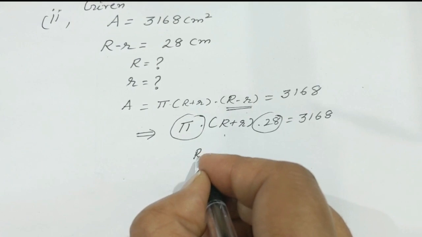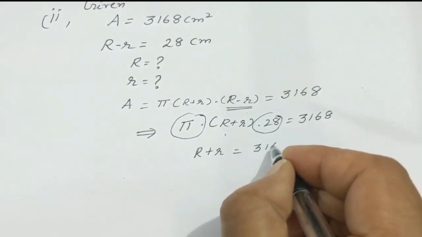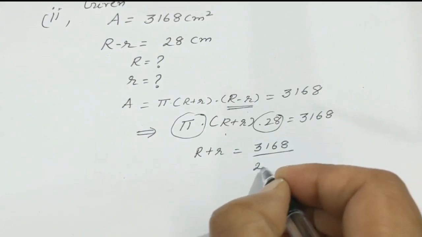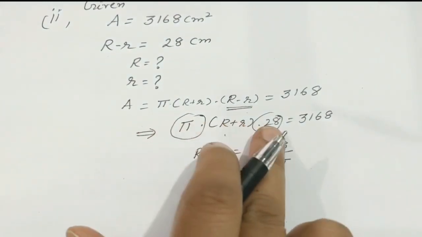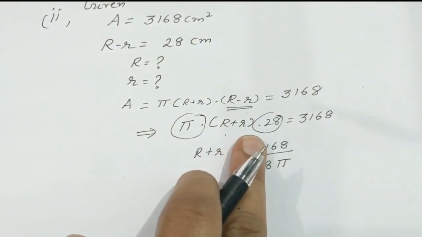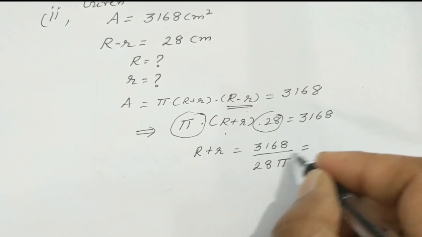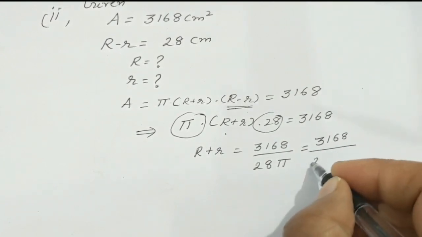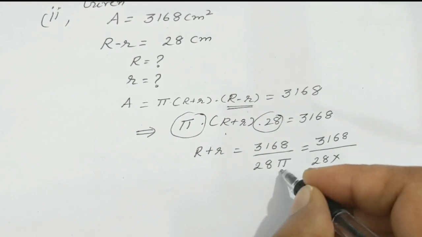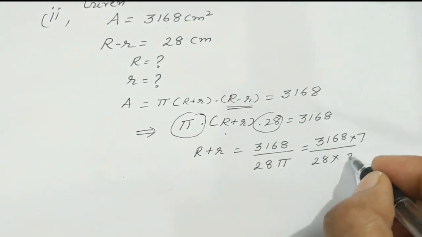So sum of radii equals 3168 upon 28 pi. Clear children? When you transpose these, because they are connected with multiplication, when you transpose, you divide. Now let's substitute the value of pi. As always I say, 3168 upon 28 into reciprocal of pi. Pi is 22 by 7, so its reciprocal is 7 by 22.